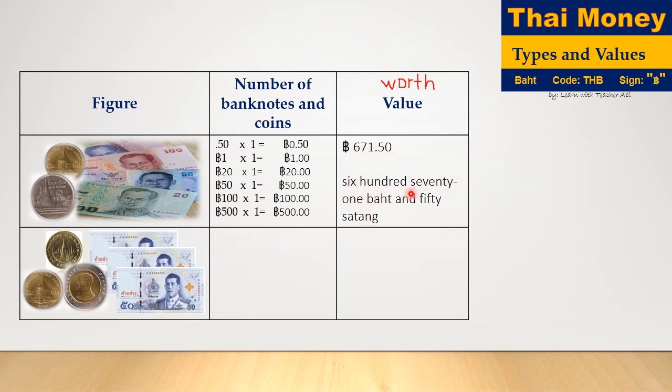And this one is writing money in words. Let's read it. 671 baht and 50 satang. Okay, all right, so there's a dash here, a hyphen.